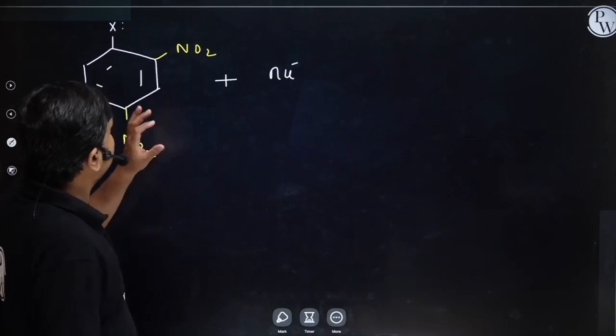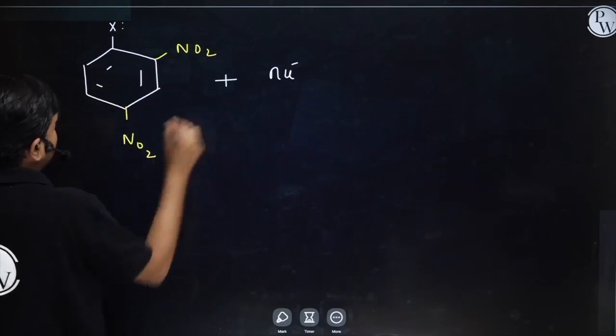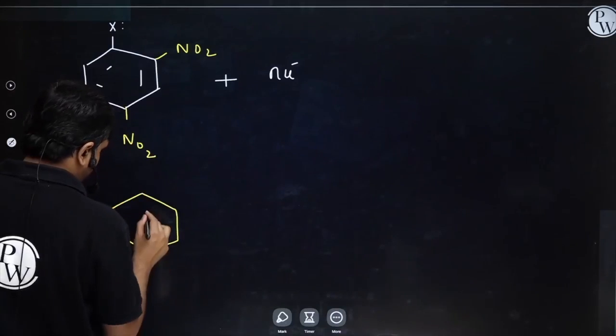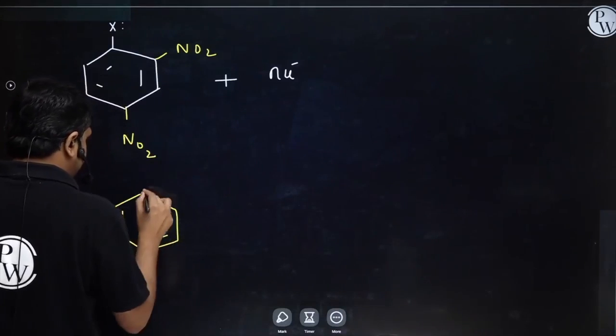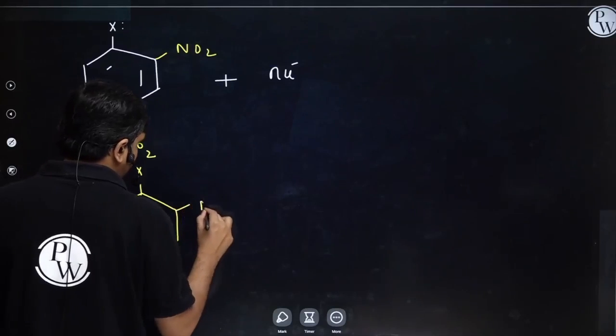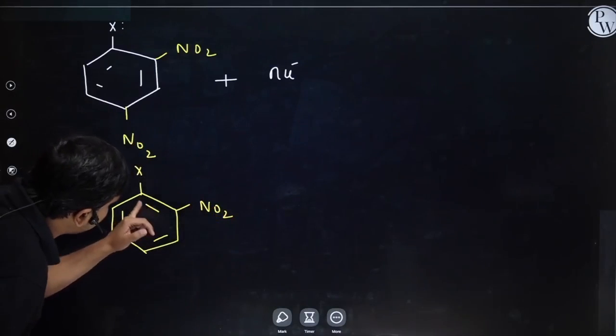Okay. Student, basically what happens in the first step? In the first step, the aromaticity of the ring is lost. Okay, I'm having a benzene, here I'm having a halogen, here let's suppose I'm having a nitro group. In the first step, I will cleave this double bond.